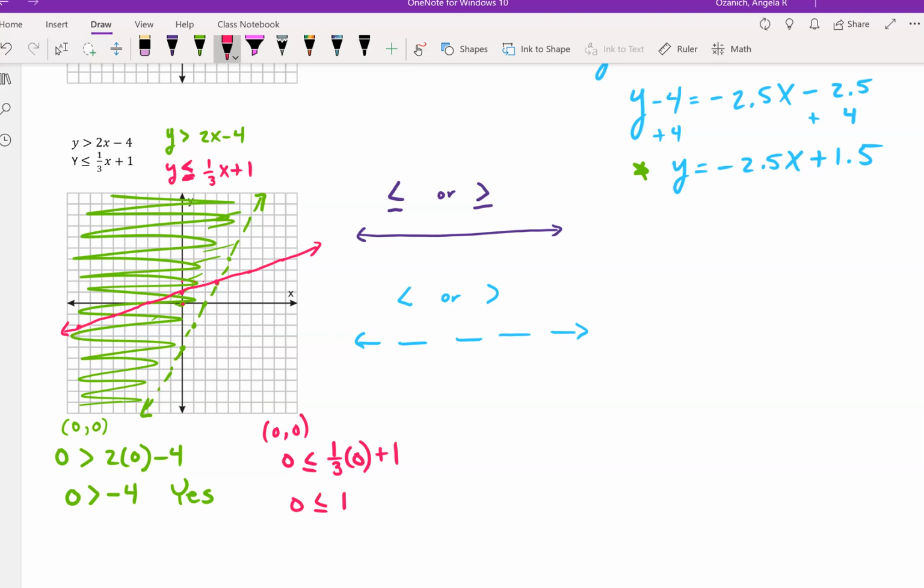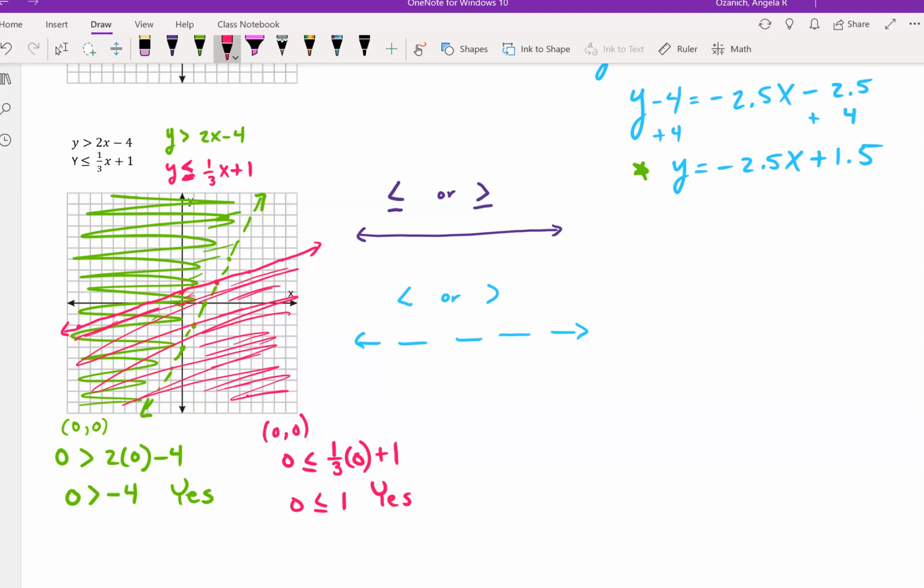Yeah, it is. So this point 0, 0 is included in our shaded region, so we're going to shade everything under that side that includes the point 0, 0.